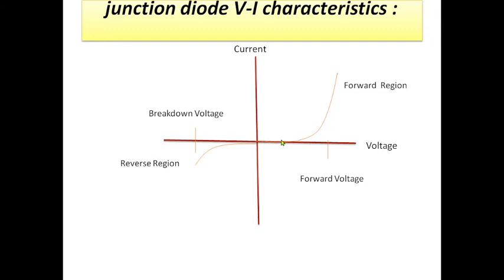When a battery is applied and its voltage is increasing, its current increases, and at one time we get a saturation current. This is the active region, the forward region. But when we apply the battery reversed, the diode blocks the current. A few amount of current passes, but no current like in the forward region.